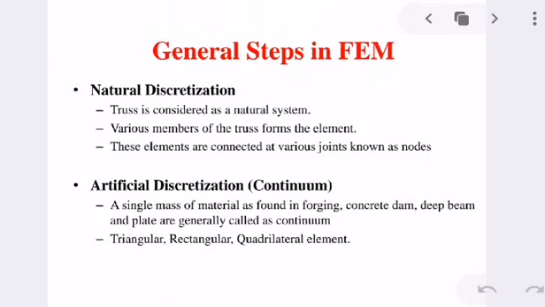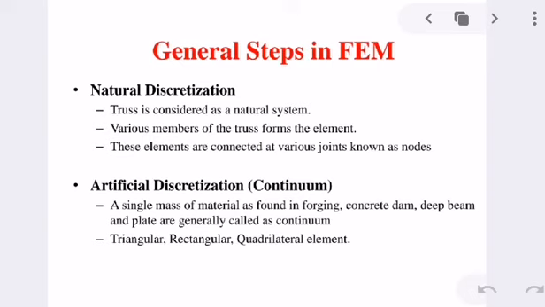and there are two types of discretization. Natural discretization is there and artificial discretization is there. In any structural analysis, truss is considered as a natural system. The various members of truss form the element, and these elements are connected at various joints known as nodes.